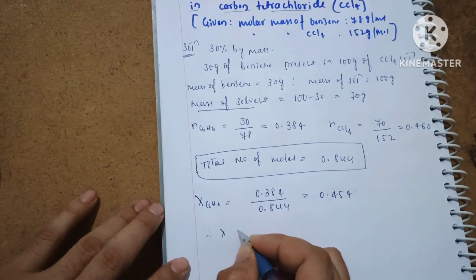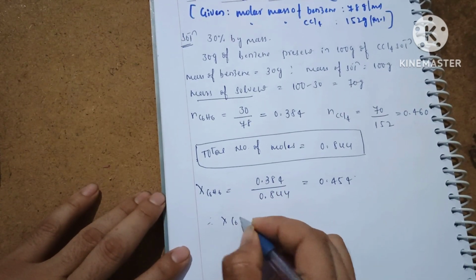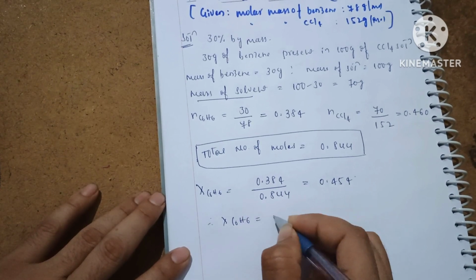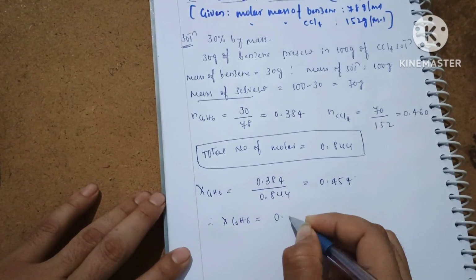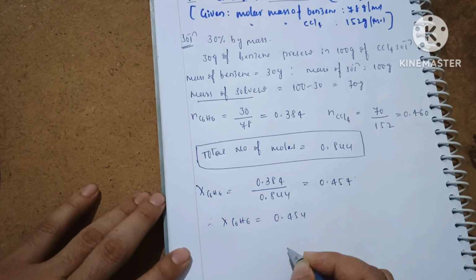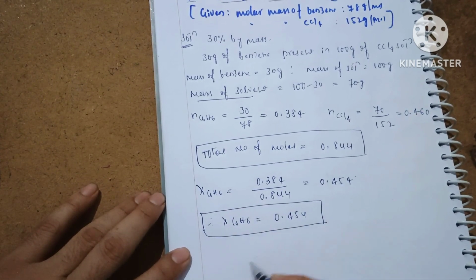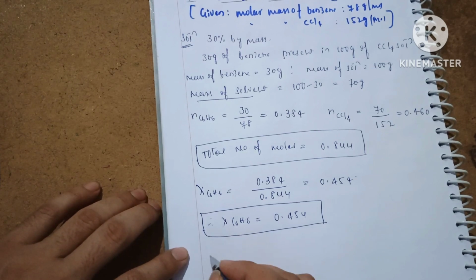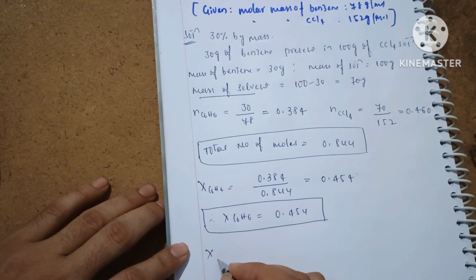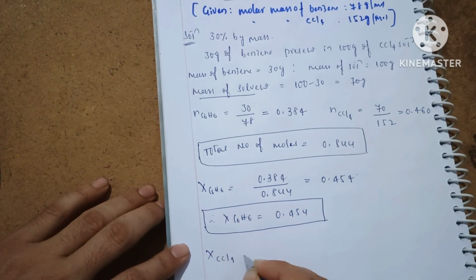Therefore, the mole fraction of benzene is equal to 0.454.